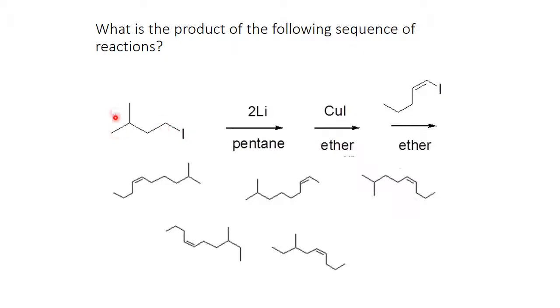Altogether, the compound should have 1, 2, 3, 4, 5, 6, 7, 8, 9, 10 carbons. Let's look at this product and check to make sure that's the right number of carbons. 1, 2, 3, 4, 5, 6, 7, 8, 9, 10. That is the correct product.